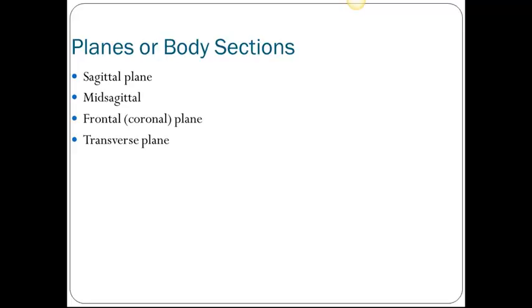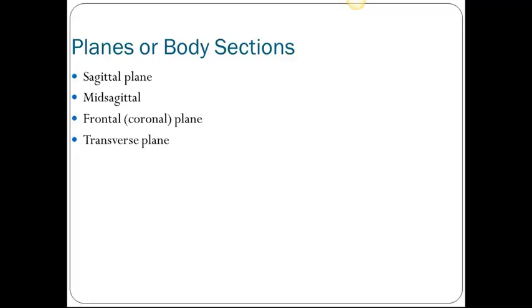Planes and body sections. So sagittal plane and midsagittal plane are very similar. They both mean splitting the body into right and left sections. However, midsagittal means that it is an equal right and left halves, whereas the sagittal plane not necessarily an equal right and left half.